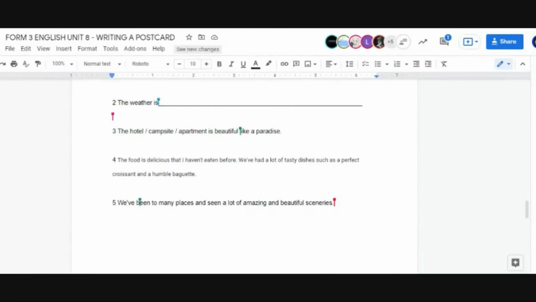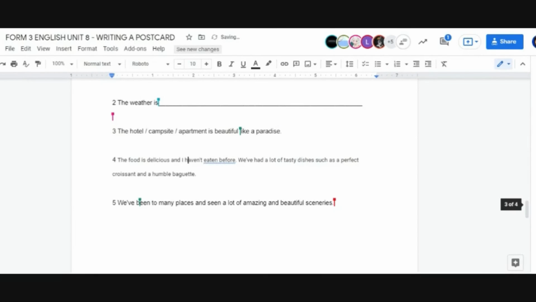Okay, this part I need to change a little bit of grammar mistakes here. The food is delicious.